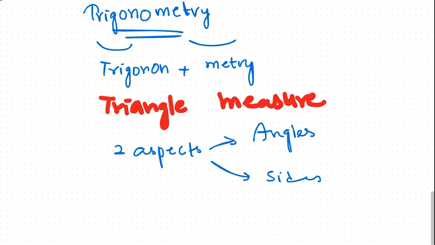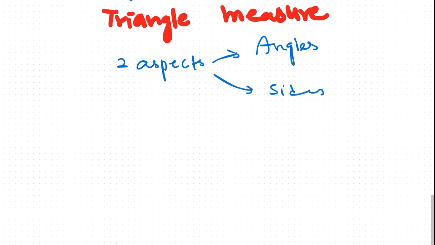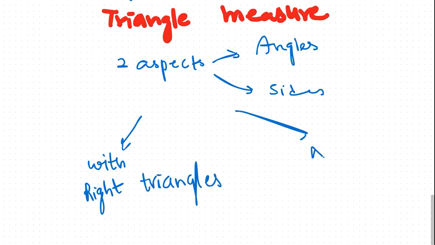In trigonometry also, there are two classifications: trigonometry with right triangles and trigonometry with non-right triangles. Non-right means like obtuse, like that.